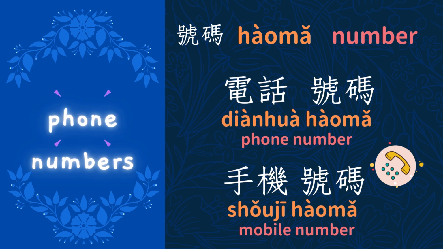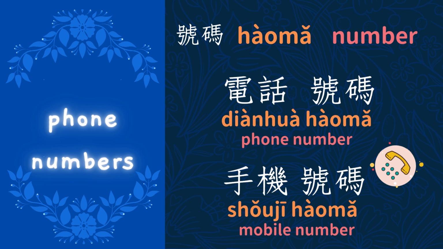So let's see one more word. 号码。号码 means number. So combine them together. Phone number. 电话号码。And mobile number.